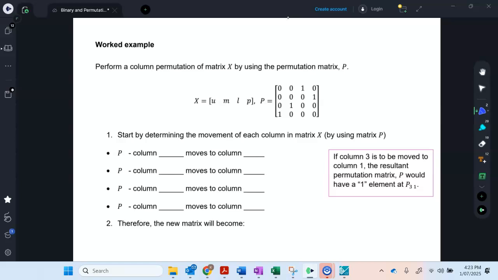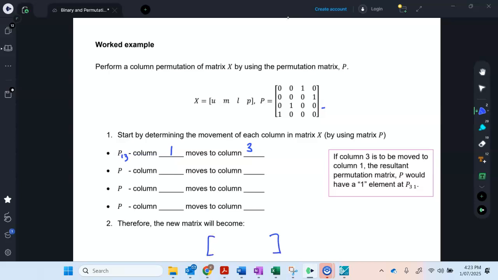So we've got P, so we're going to start off with this row 1, and we're in column 3. So that means column 1 moves to column 3. So maybe we can do it as we go. Actually, I'm going to put the answer down here. All right, so the matrix will be the same.